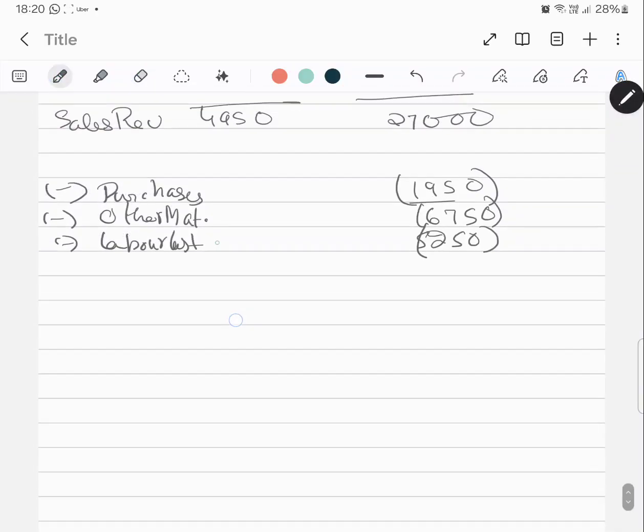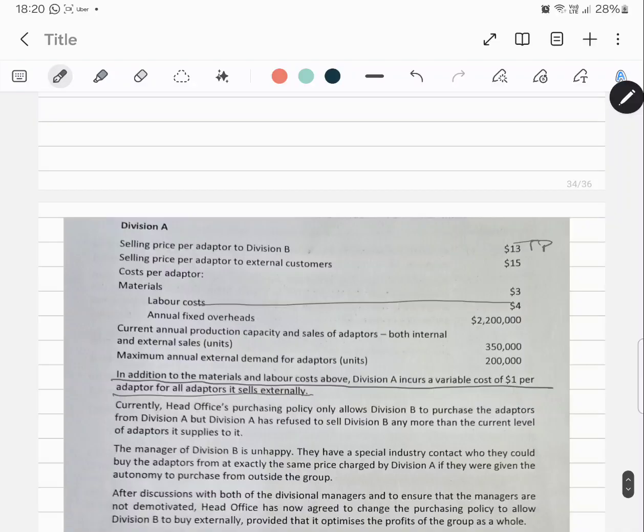There is material cost for division A. We'll be very quick. Material cost is 3 per unit, and 3 into how many units are sold by division A, externally and internally?